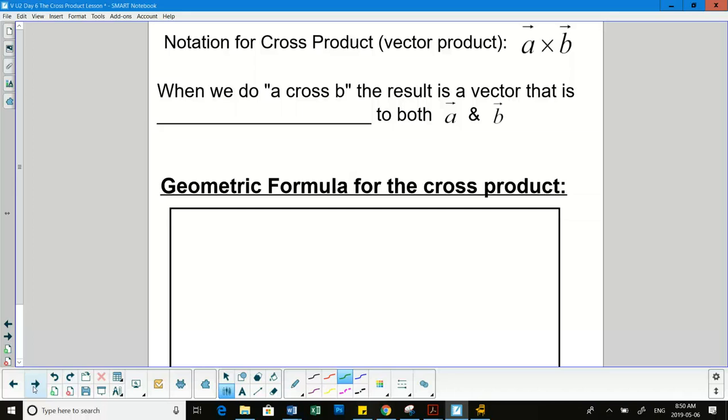So the cross product is basically done so that we can get a vector that is what we call orthogonal. Or another word that we are more familiar with is a perpendicular vector. But we usually use the word orthogonal when we're talking about vectors.